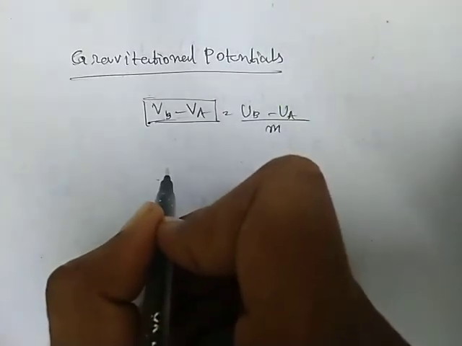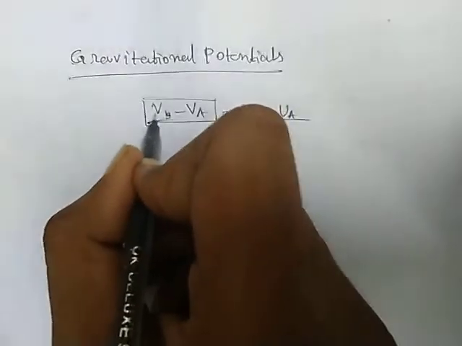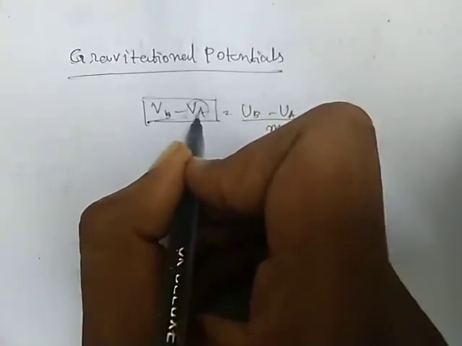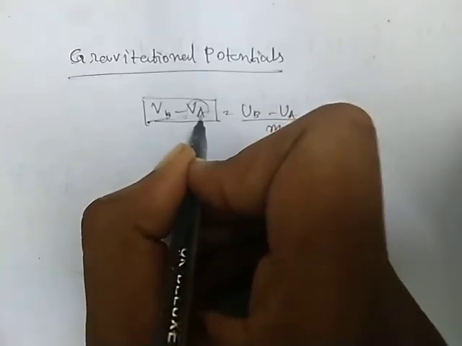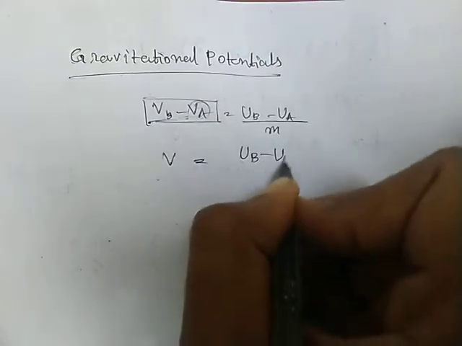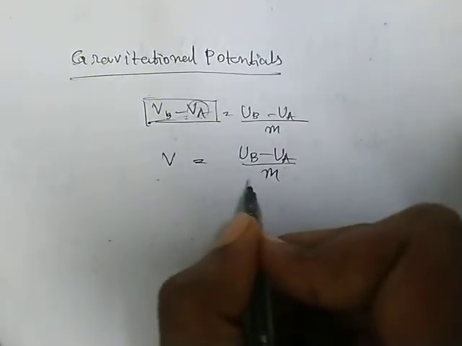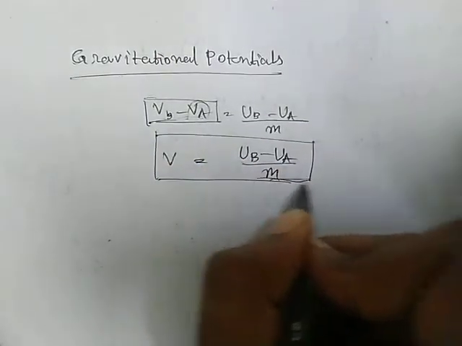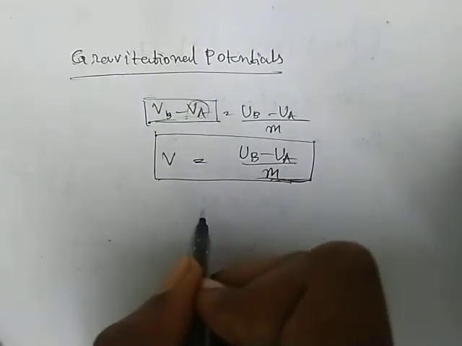So if we consider this as V, or if we consider the initial potential as 0, we get V is Ub minus Ua by m. So simply we can see that the gravitational potential is the difference of potential energy per unit mass.